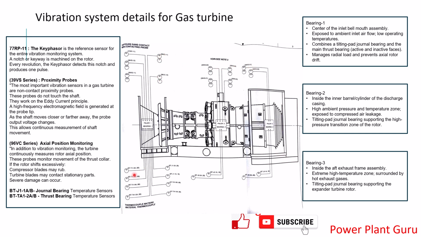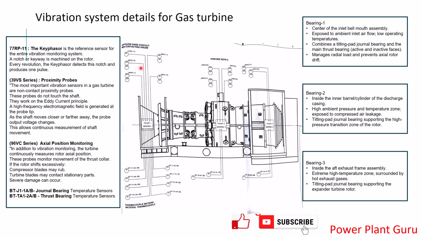Now let us talk about the differences between these sensors or probes, how you understand them and how you decode that. So let's take this particular one, 77RP. What does 77RP mean? This is basically a key phasor. The key phasor is very important to understand the vibration pattern.